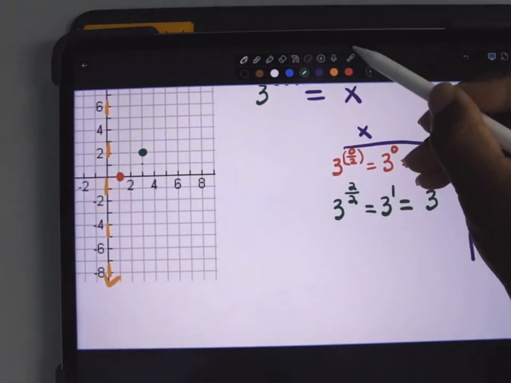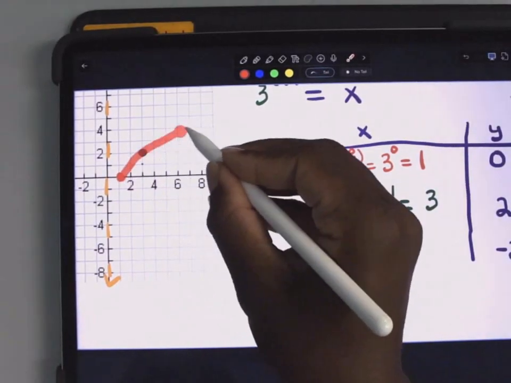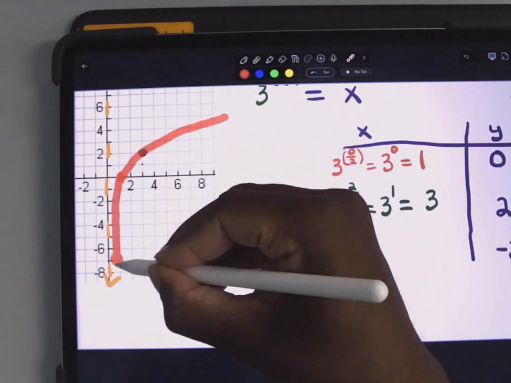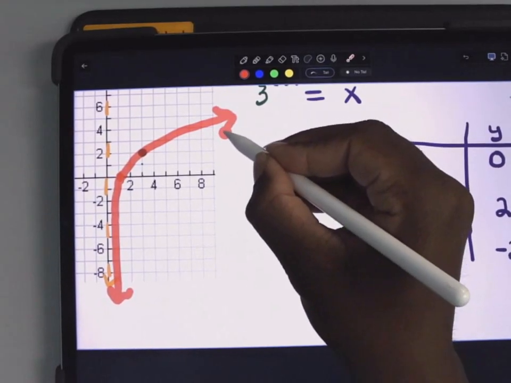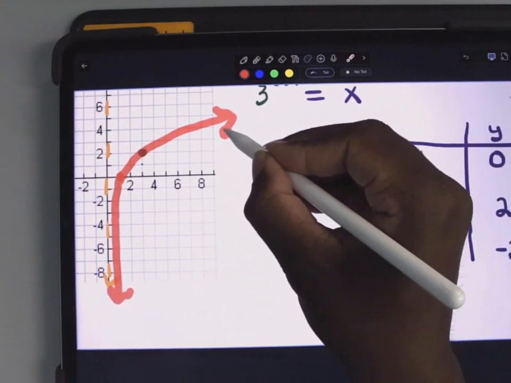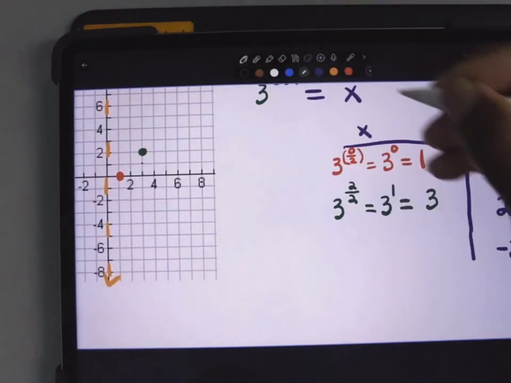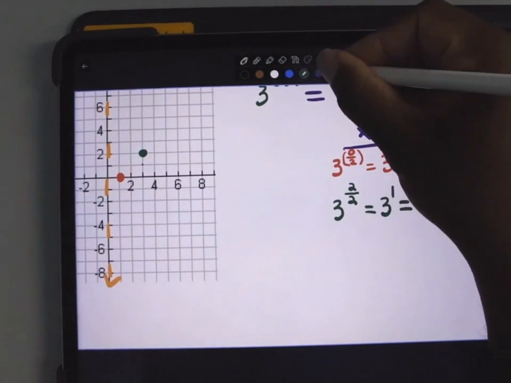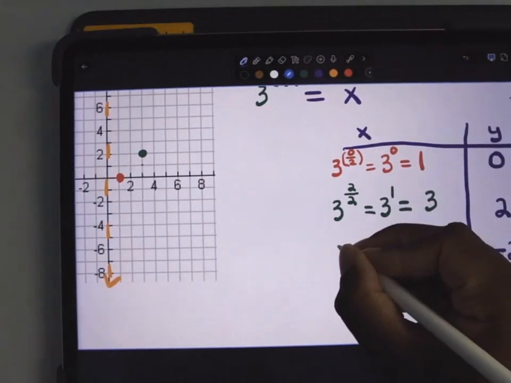And in all honesty, we've got enough points to see. Looks like the graph is going to be like this. So we could be finished, but let's just confirm it and find this last point. We're going to put -2 in place of y.